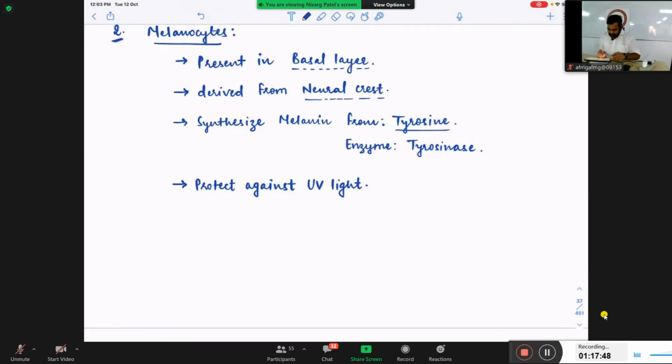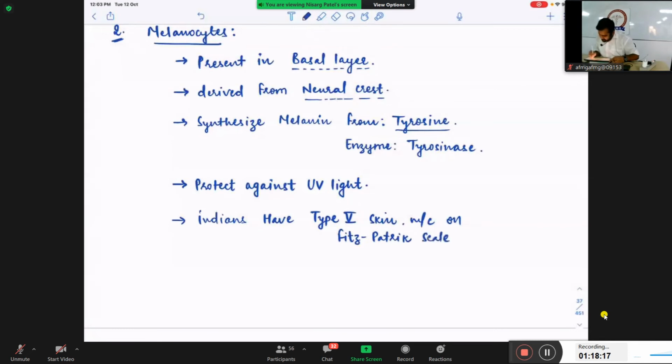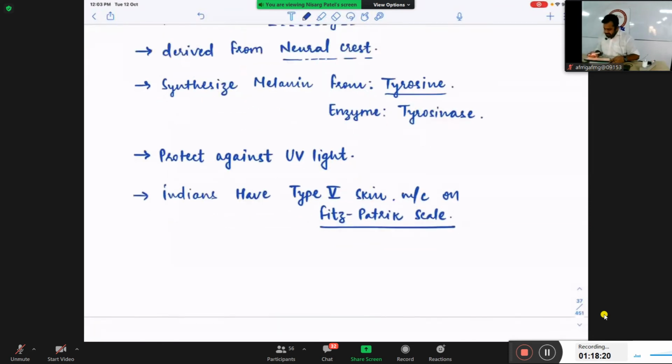Okay, that is why Indians have type 5 skin, most common. On which scale? Fitzpatrick scale. So what is this scale?